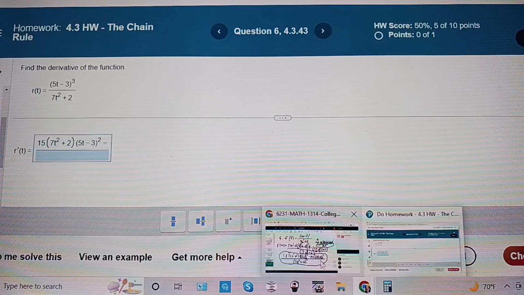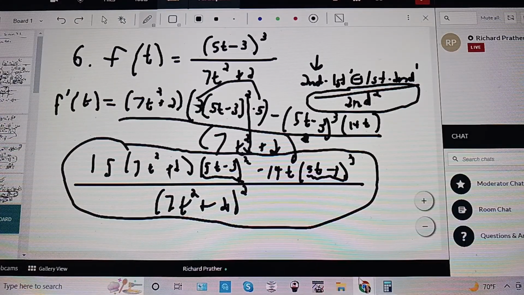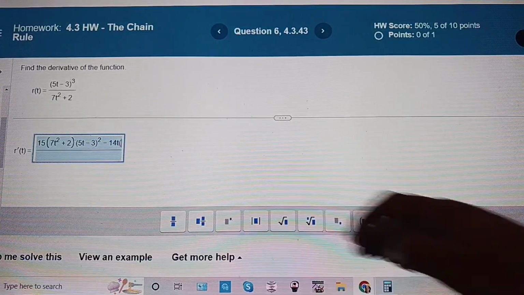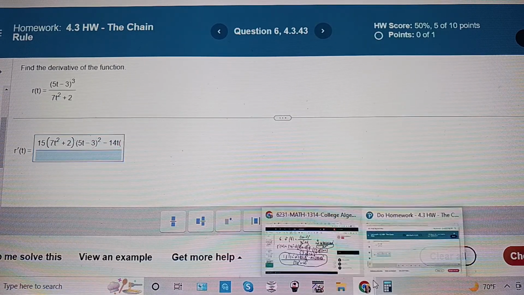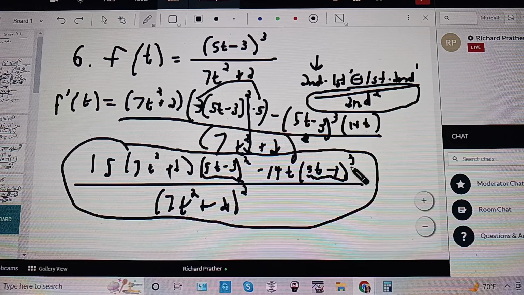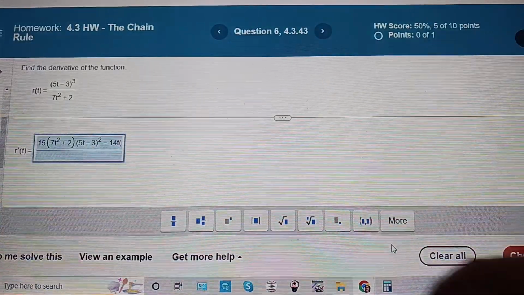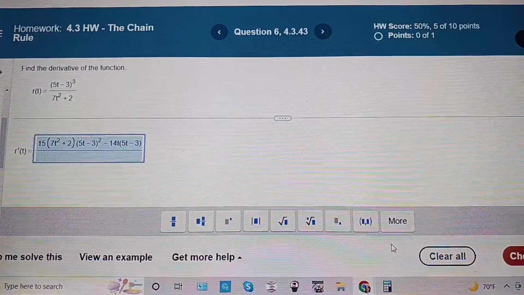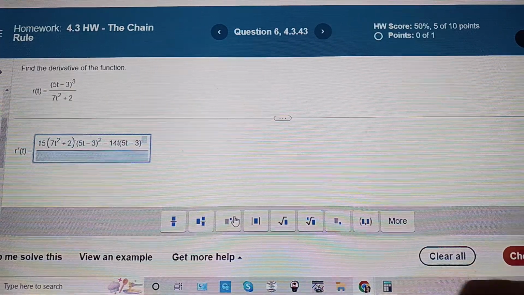Minus. Then I slid the 14t into the front of this part, so that way the back would have the exponent. It's always nice to put the exponent in the back, like here, instead of the 14t in the back, because then the exponent's a little more noticeable. 5t minus 3 raised to the third power.